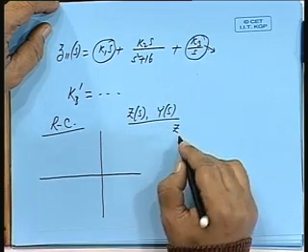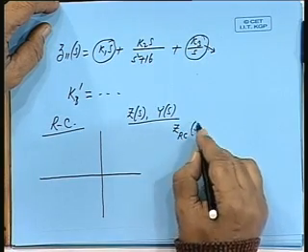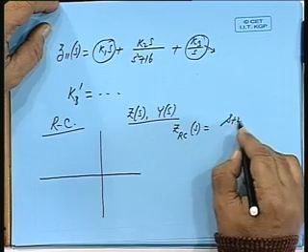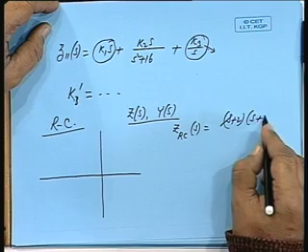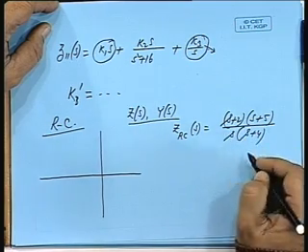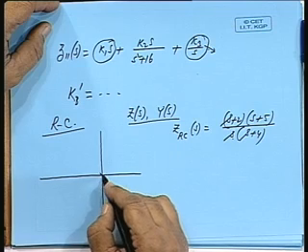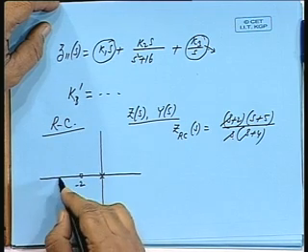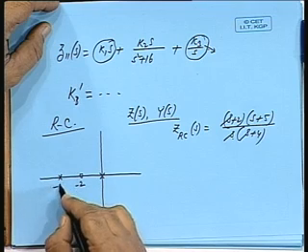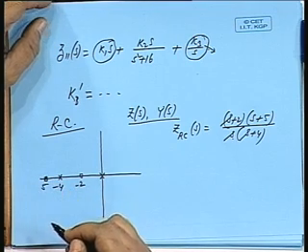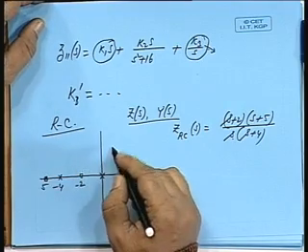Suppose we consider a Z(S) function. Let me take a very simple example: S plus 5 divided by S into S plus 4. The pole is at the origin, and the zeros and poles are at 2, 4, 5. What would be the impedance diagram?